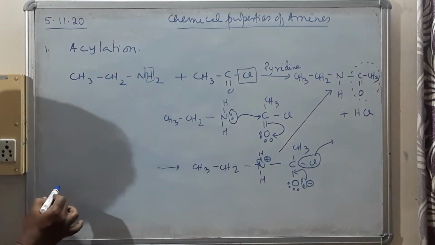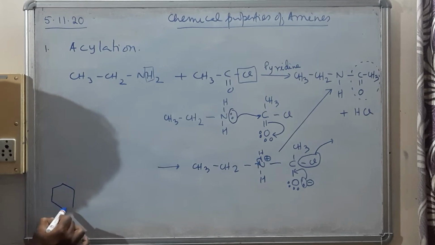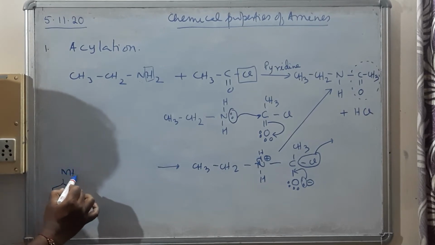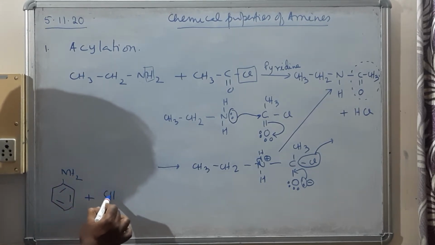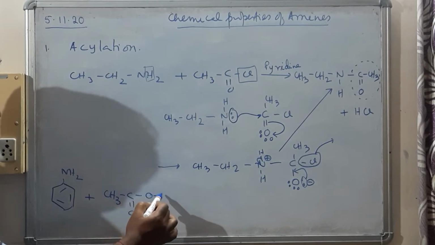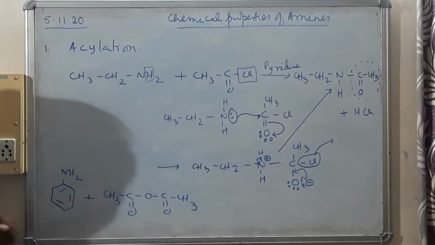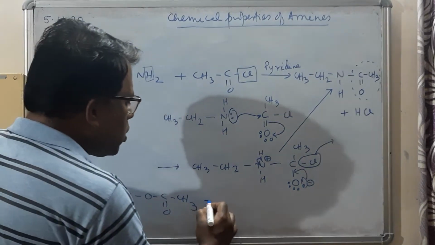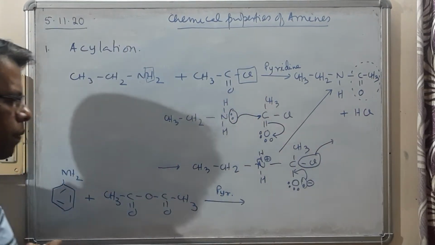Suppose now we have aniline, a 1 degree amine, and acetic anhydride is CH3, C double bond O, O, C double bond O, CH3. So this is acetic anhydride, and we are using the organic base pyridine.